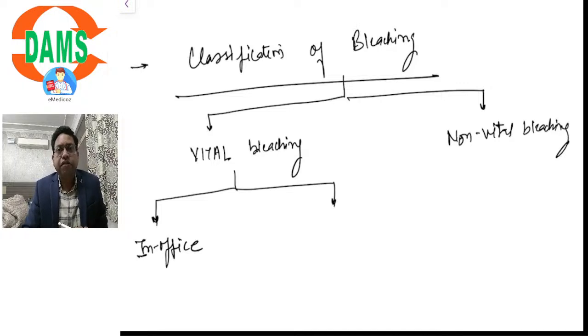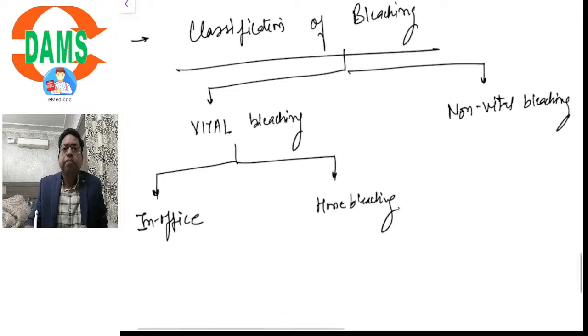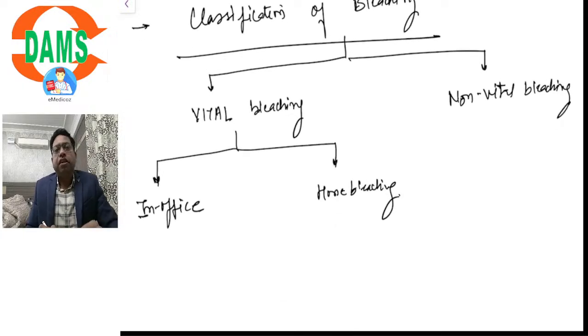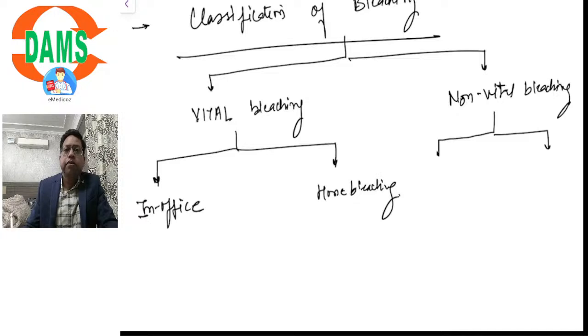Or it can be home bleaching, which means the dentist would give the material and the instructions for bleaching to the patient, and the patient would do the bleaching treatment himself or herself at home. That is home bleaching of vital teeth. Similarly, non-vital bleaching can be carried out in the office, which is called thermocatalytic bleaching.